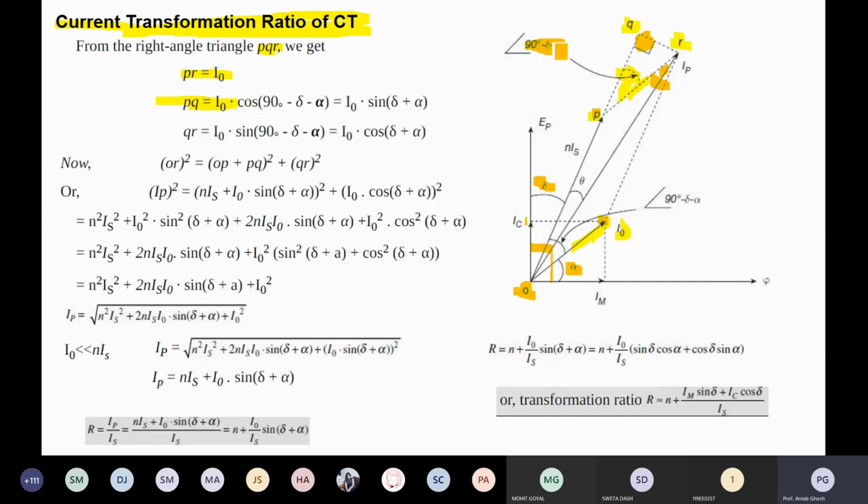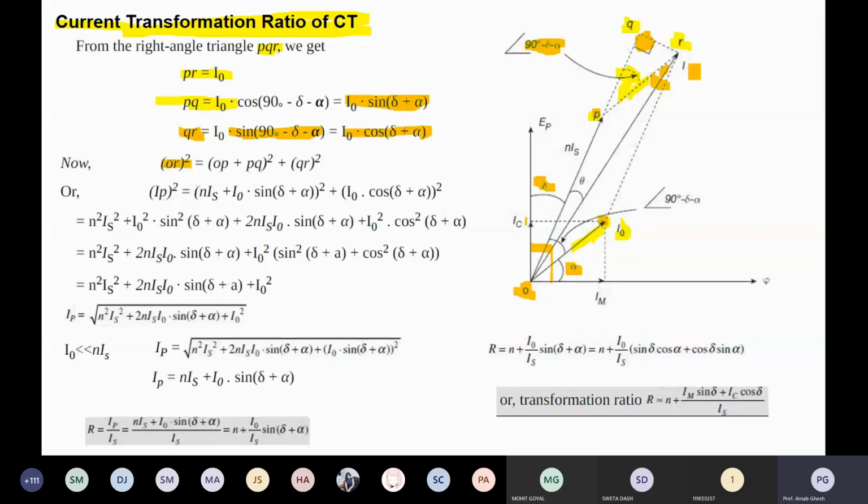Now you know from the Pythagoras theorem that OR square equals QR square plus QO whole square. What is QO? QO is equal to OP plus PQ, whole square.